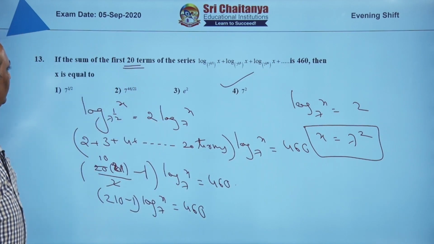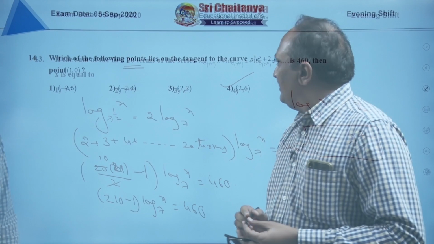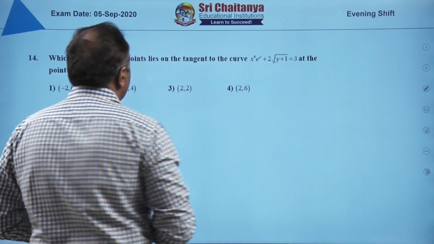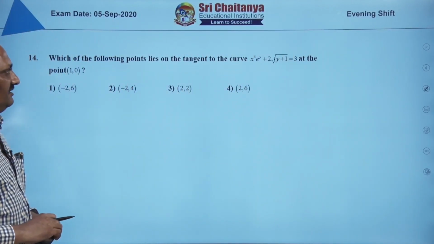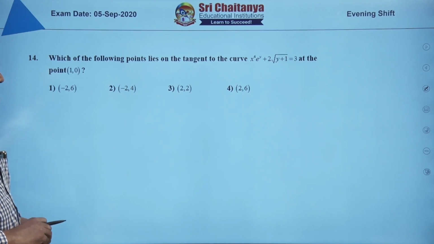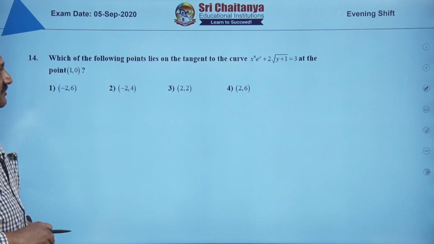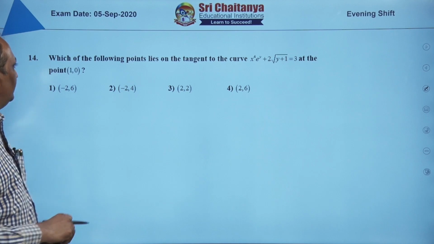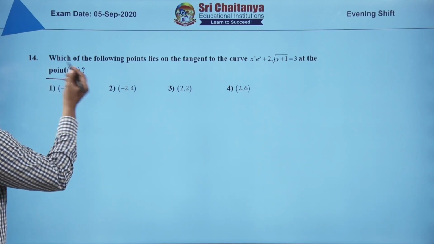Coming to the 14th question: which of the following points lies on the tangent to the curve x power 4 plus e power x power 4 into e power y plus 2 root y plus 1 equal to 3 at the point 1, 0.